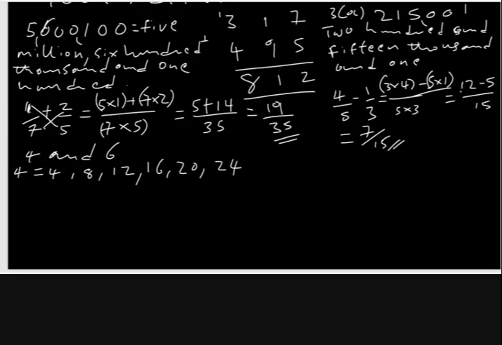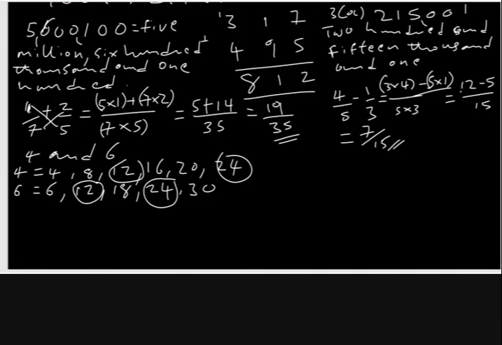I can stop here. Then I can do 6. 6 is equal to the multiples of 6. 6 times 1 gives us 6. The next one is 6 times 2 is 12. 6 times 3 is 18. 6 times 4 is 24. 6 times 5 is 30. I can stop here. So what are the common multiples? Look at the common multiples: 24 and 24, 12 and 12.